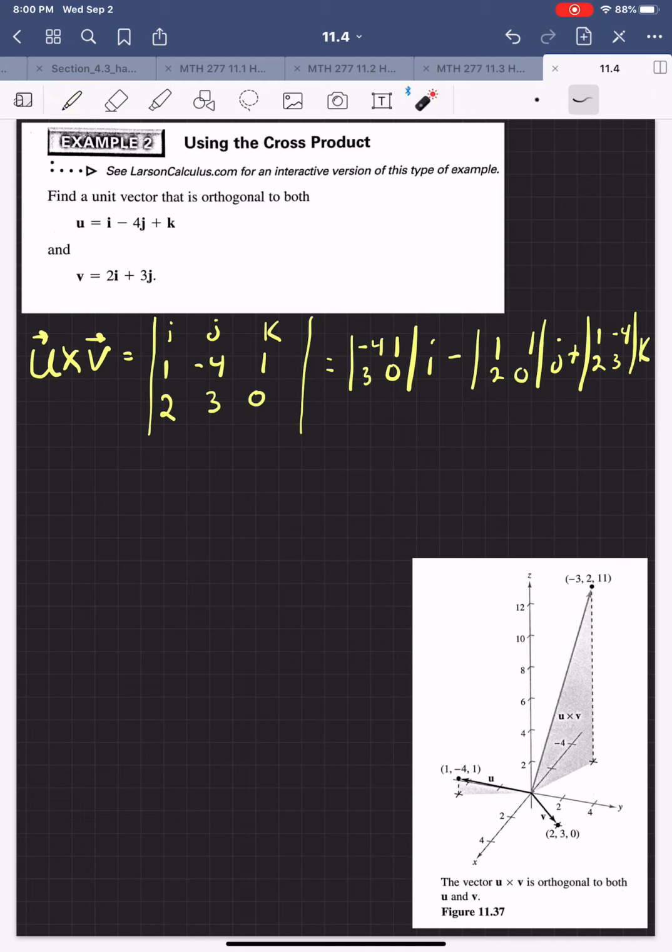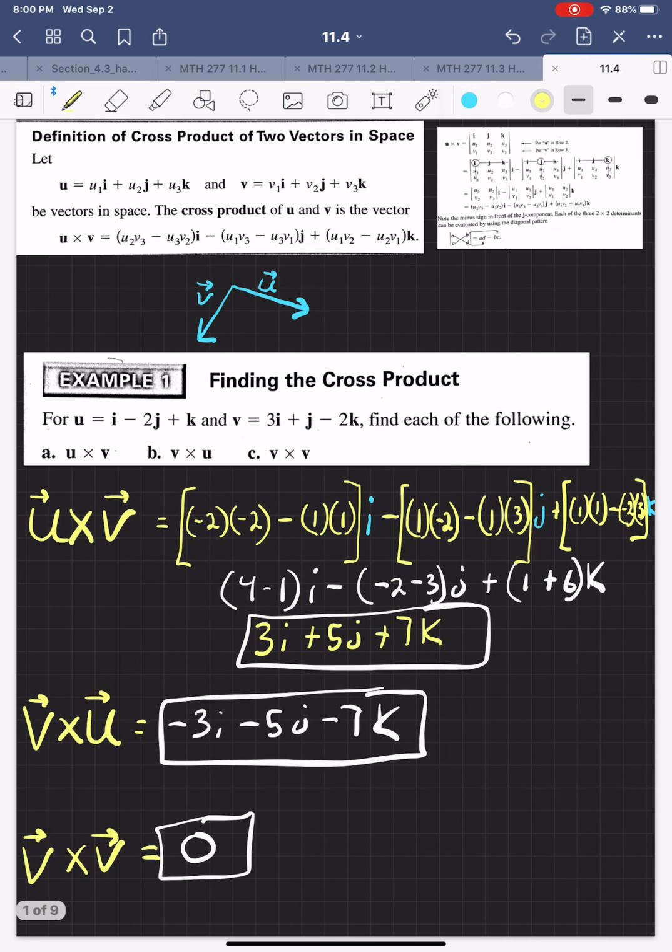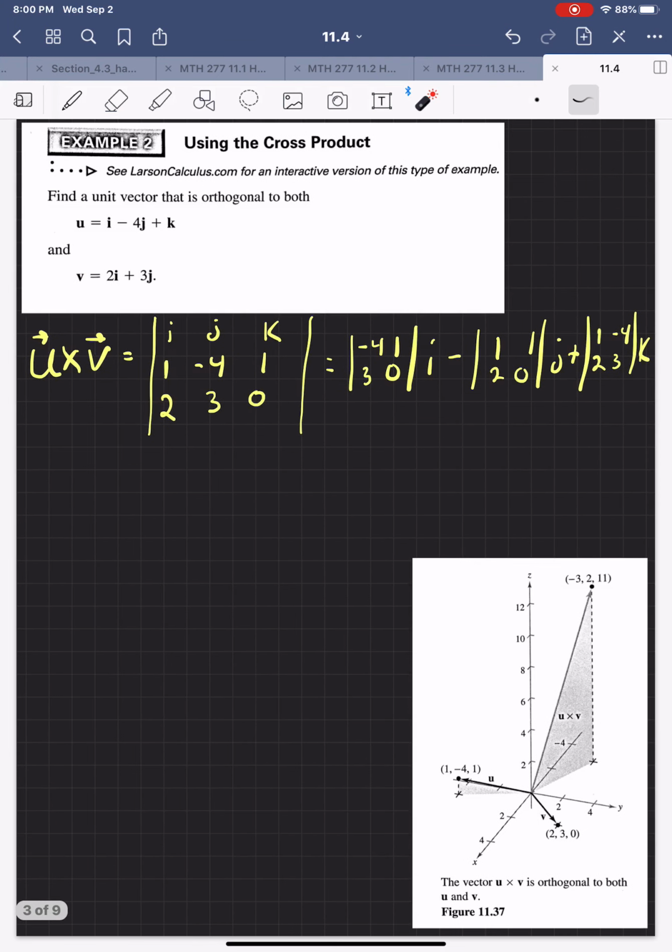So I like to think about determinants of 2x2 matrices, and I showed you that on the previous page. But you are welcome to follow this recipe as well, because that's really what's happening. But again, I always go from here to here, then to here, and then I just take my determinants.